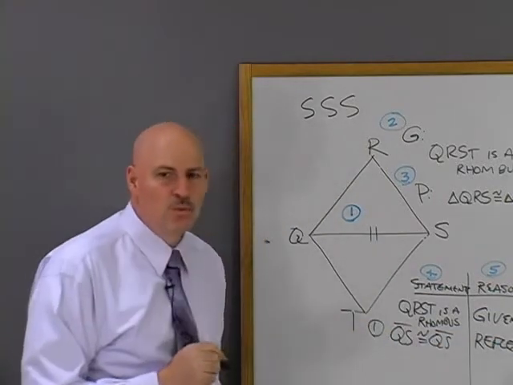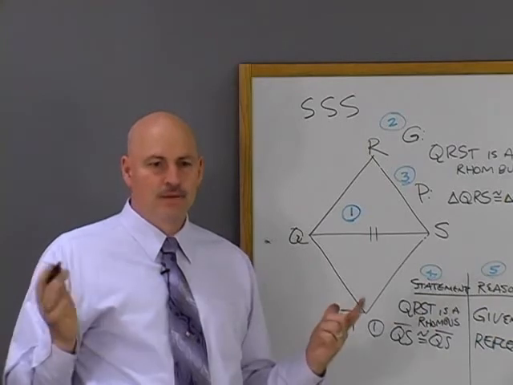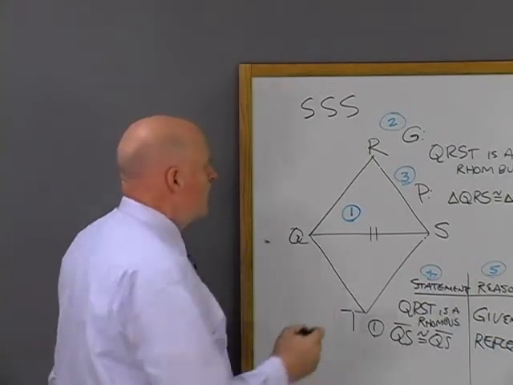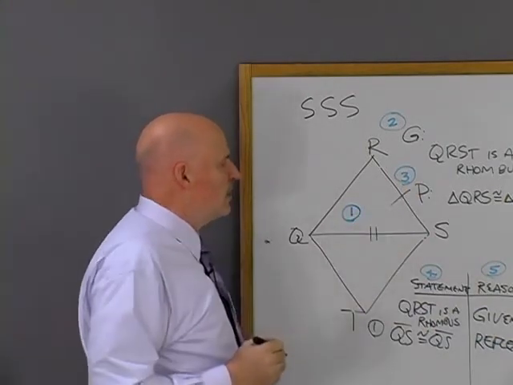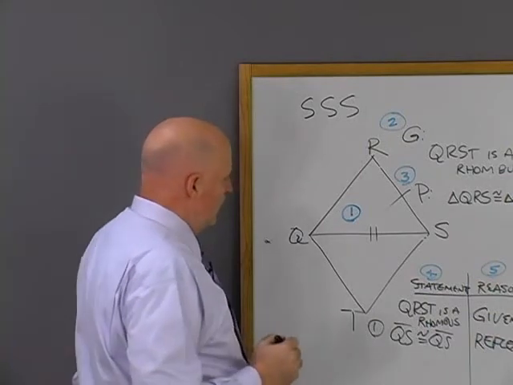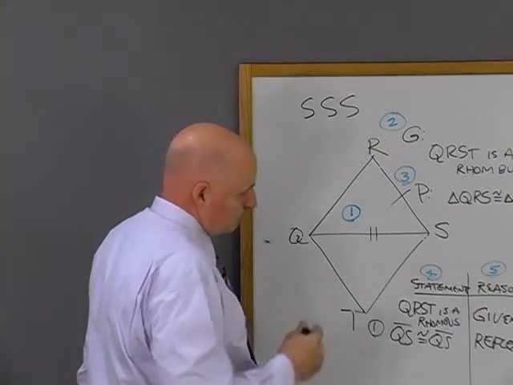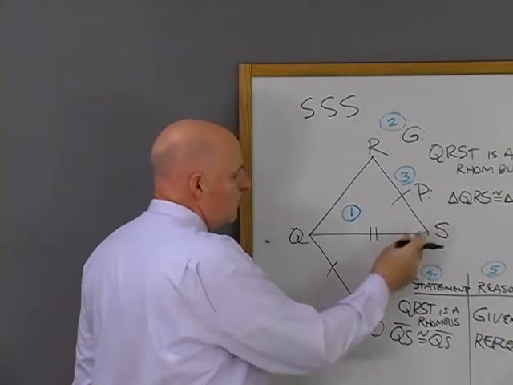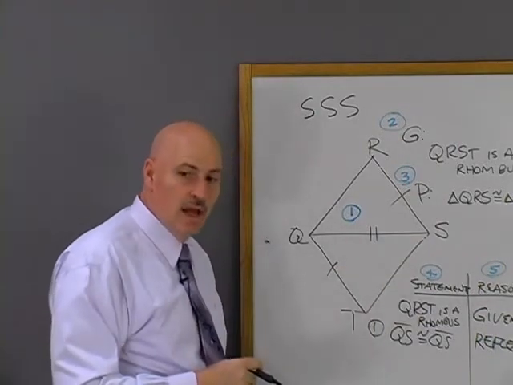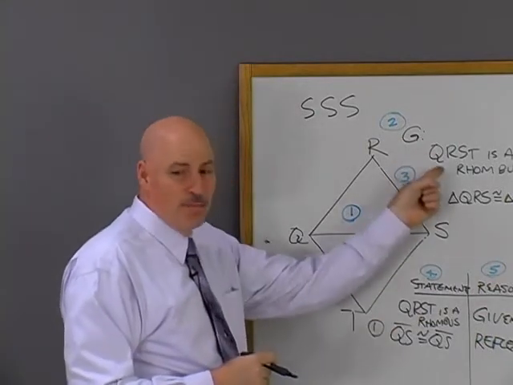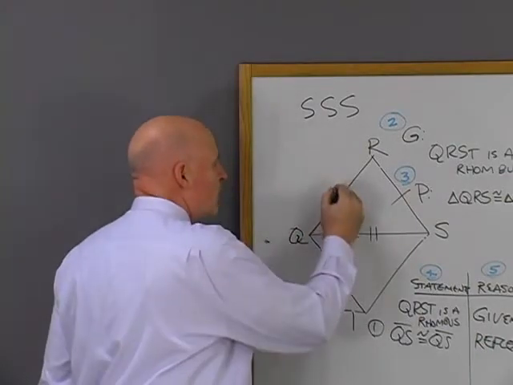Good. We need 2 more sides. Pick another one. Okay, which side is congruent to RS? QT. We could do QT or we could do ST. Doesn't make any difference. You know why? Because this is a rhombus, and all 4 sides are the same.